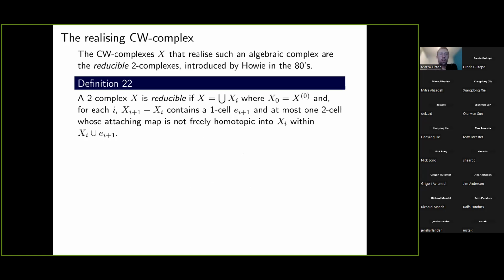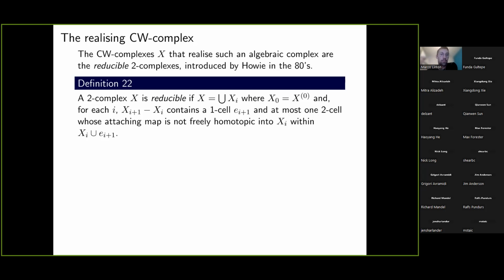A 2 complex is reducible if it can be expressed as a union of subcomplexes Xi, where X0 is the 0 skeleton, and for each i, Xi plus 1 minus Xi either consists of a single 1 cell, or it has a 1 cell and a 2 cell, whose attaching map has to traverse this new 1 cell e i plus 1 in an essential way.